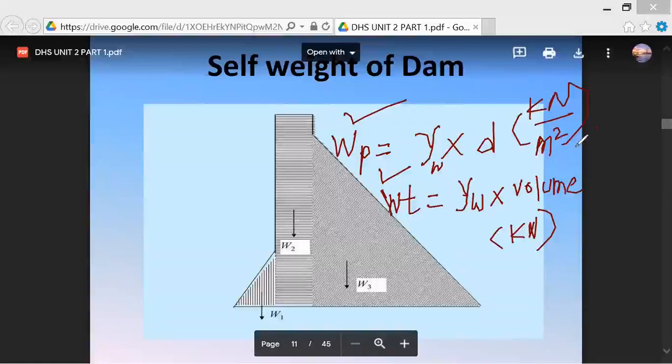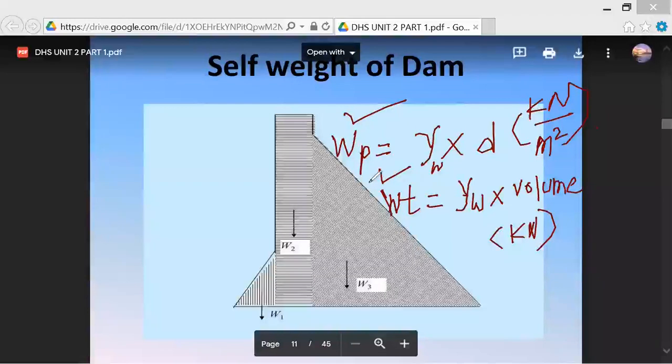In a numerical, if someone asks you to find the water pressure exerted on either the upstream side or the downstream side, then usually the student gets confused. Students use the weight formula, they get the weight, but they will not be able to find the water pressure using this formula.